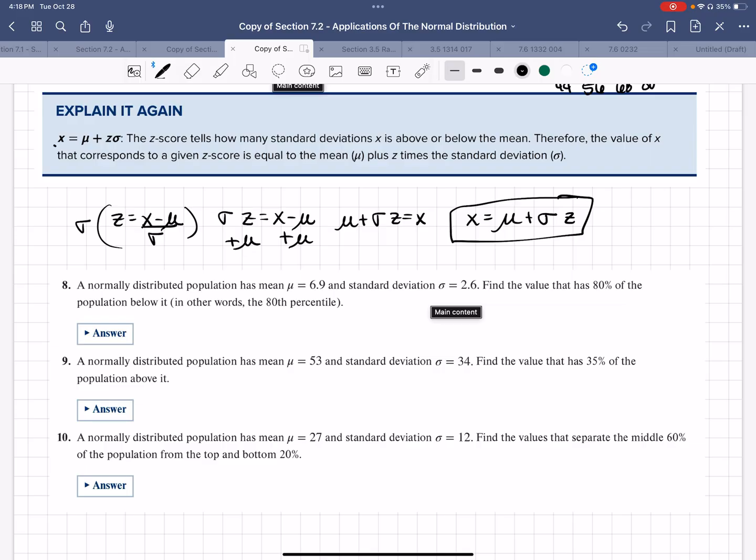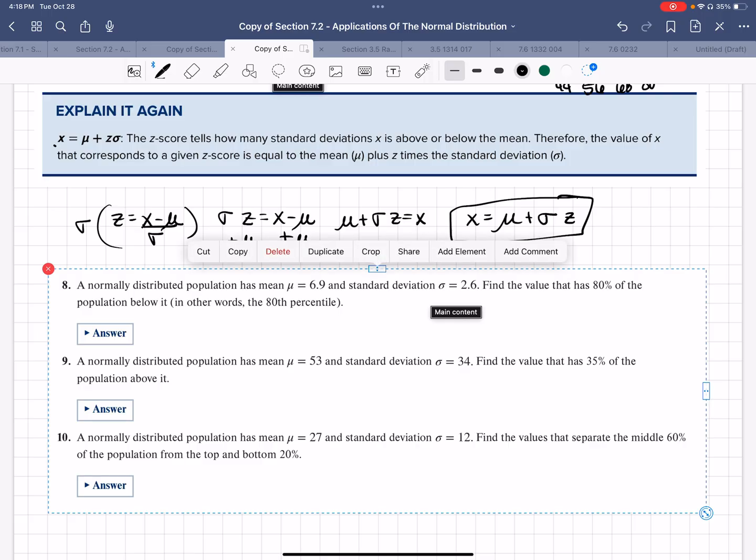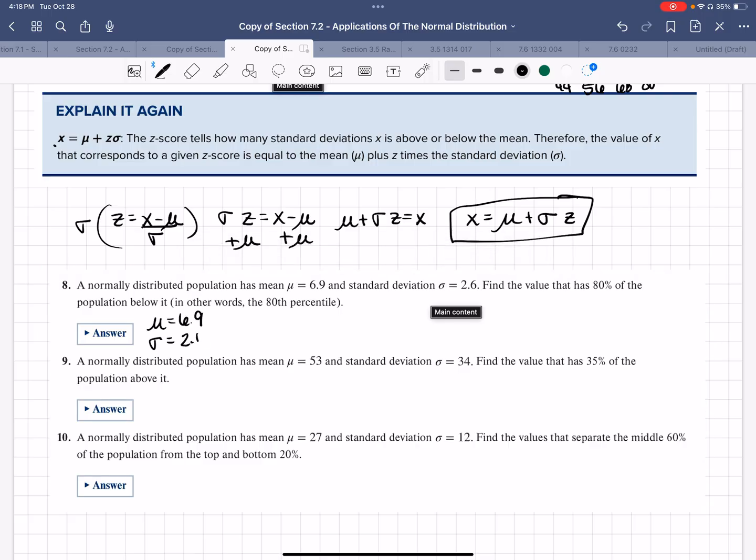So a normally distributed population has a mean of 6.9 and standard deviation of 2.6. Find the value that has 80% of the population below it. Okay, so that means my area is 80%. Okay, we've shaded in 80%.